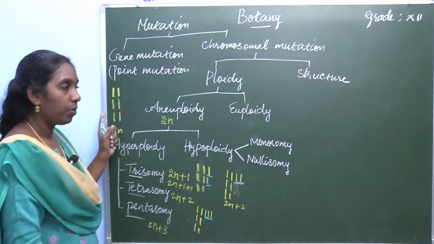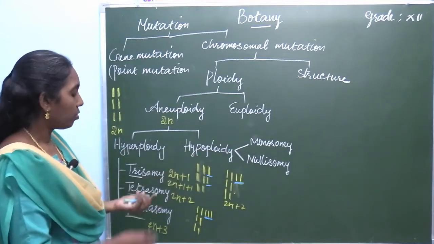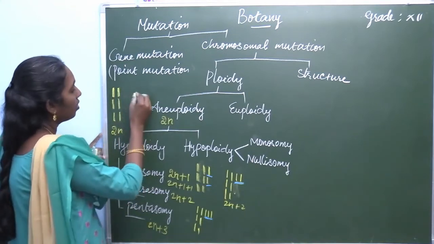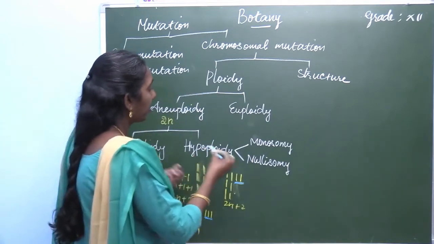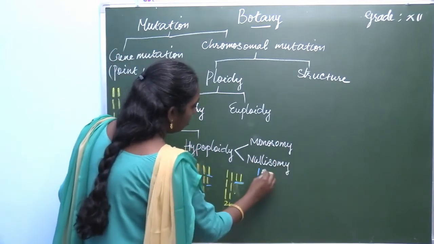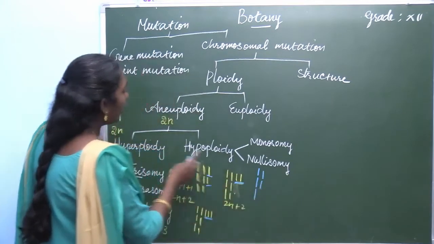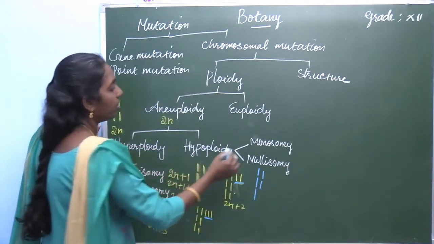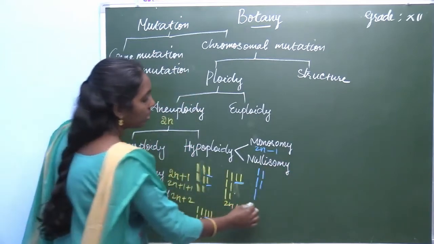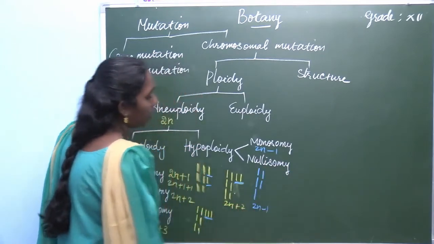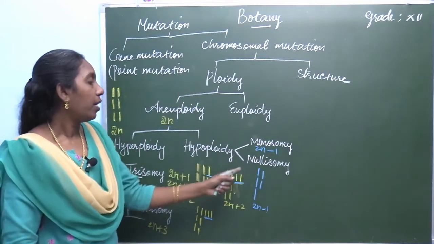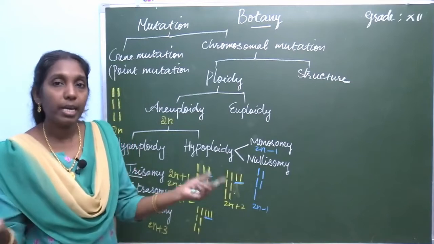Within the normal diploid set, in monosomy, one can be deleted. So the condition is 2n minus 1. That is monosomy.